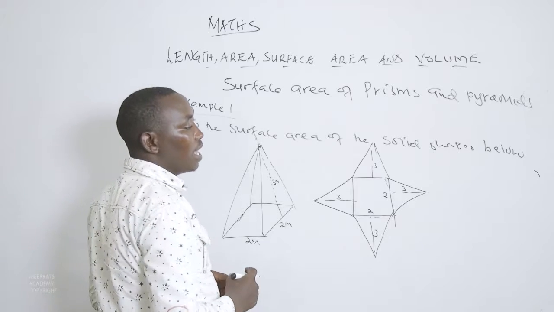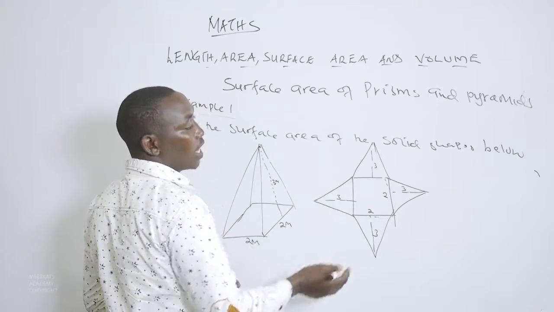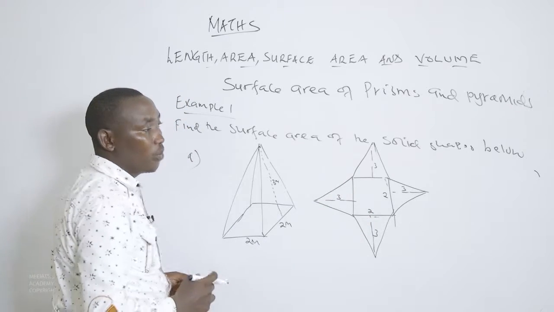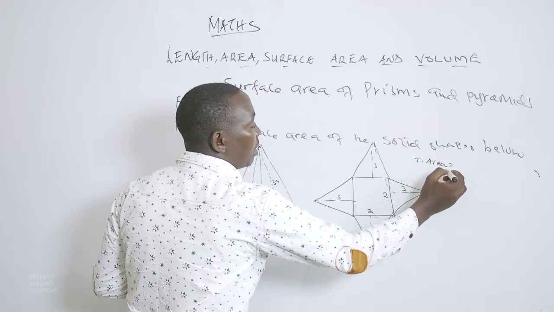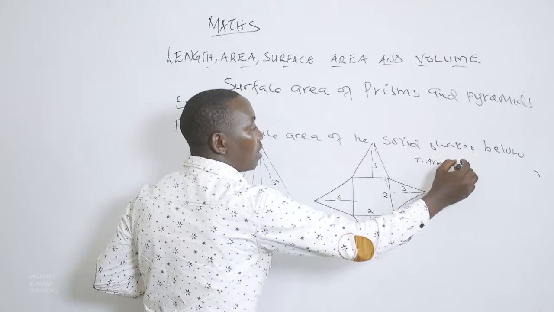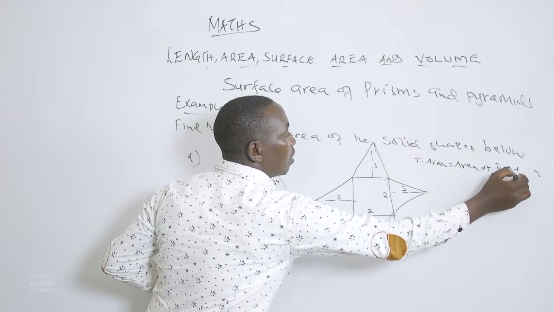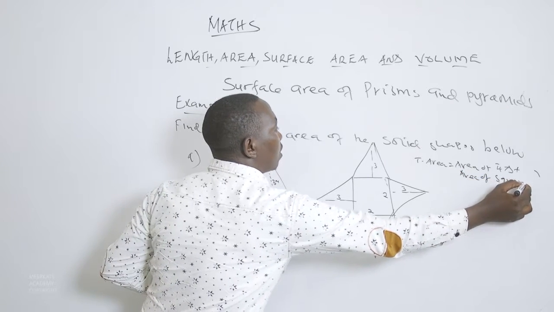Now for you to get the area of this, you need to get the area of these 4 triangles. You also need to get the area of this particular square. So total area shall be given by area of 4 triangles plus area of the square.